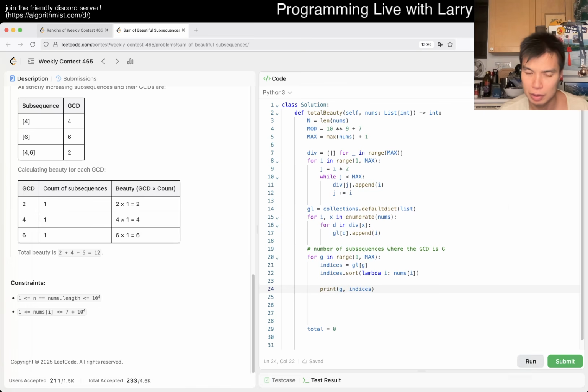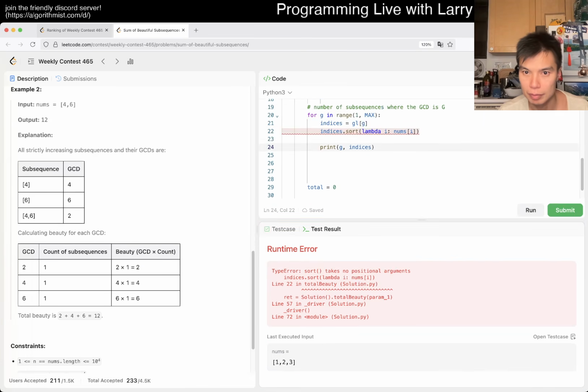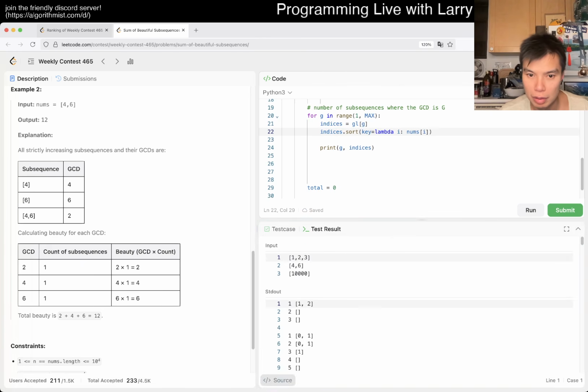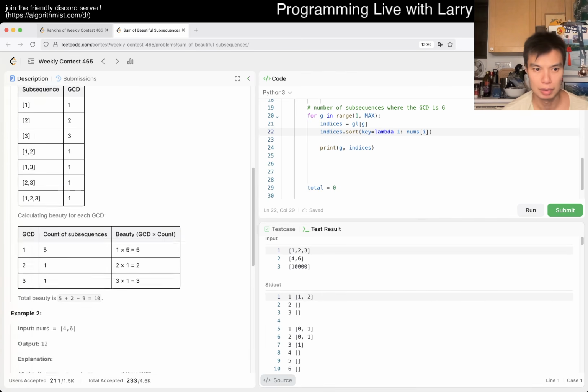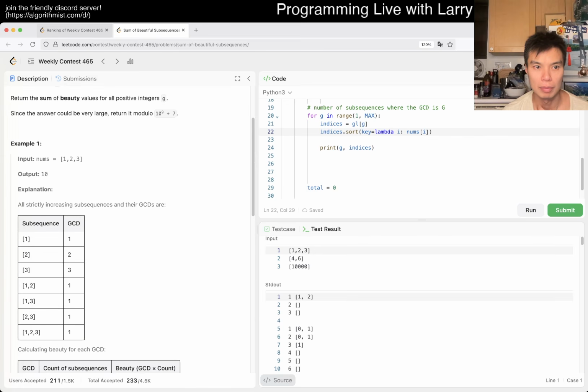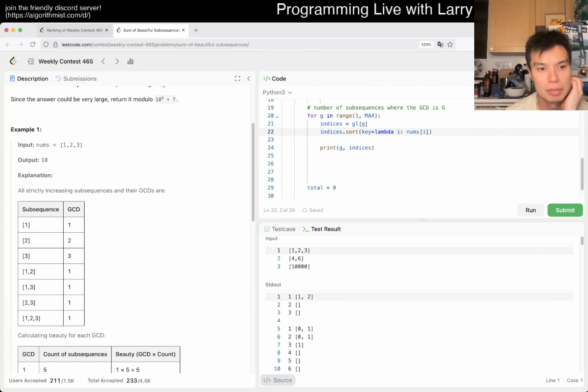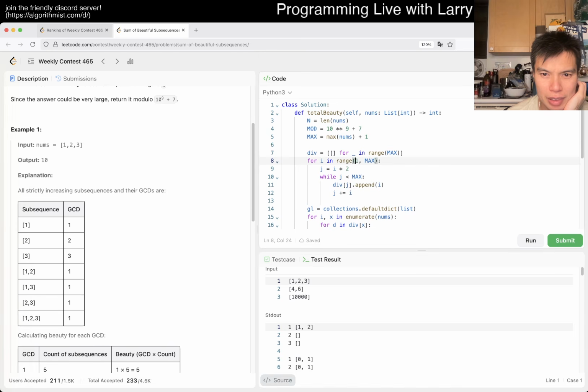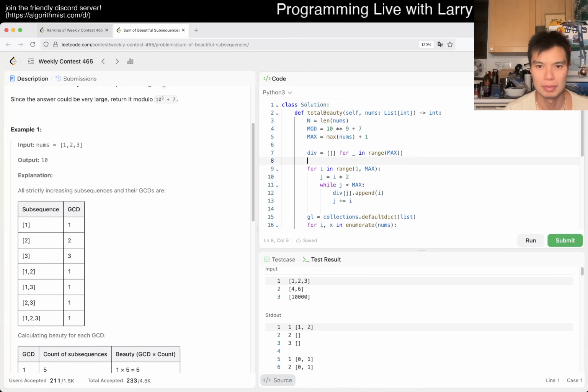Print it out real quick. Oh, I have spaces. Okay, so now you have 1, 2. That's right. Should have a 0 actually. I don't know how to handle the 1 case. It's a little bit weird.